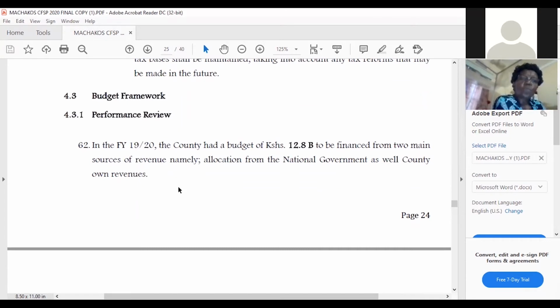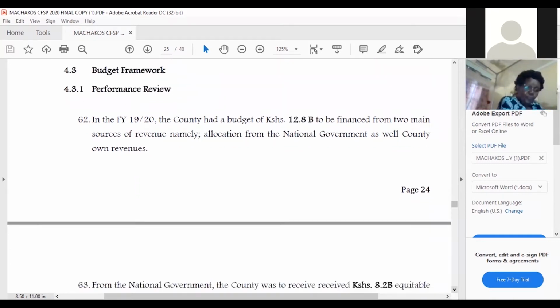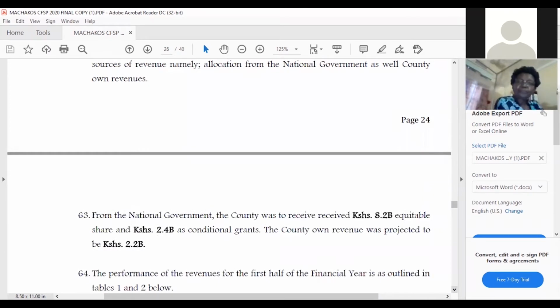They have to give us even the previous performance so that we can get to know how it performed previously. From the national government, the county was to receive 8.2 billion as equitable share and 2.4 billion as conditional grants. The county own revenue was projected to be 2.2 billion.